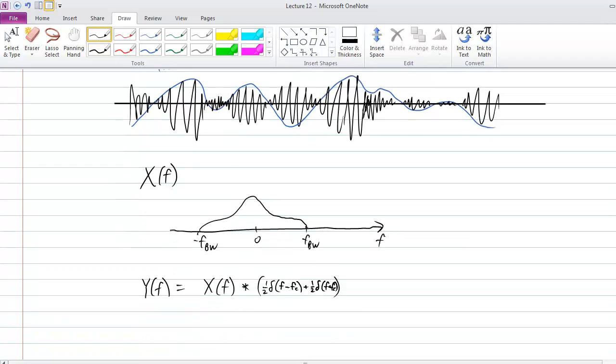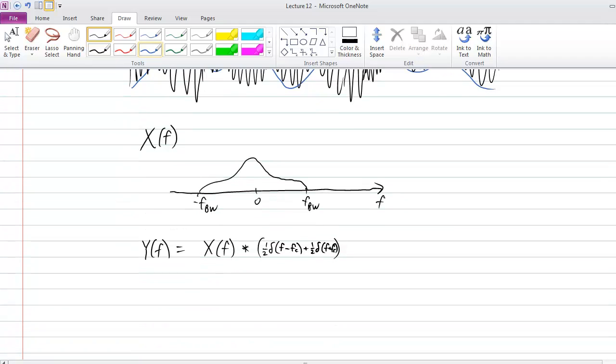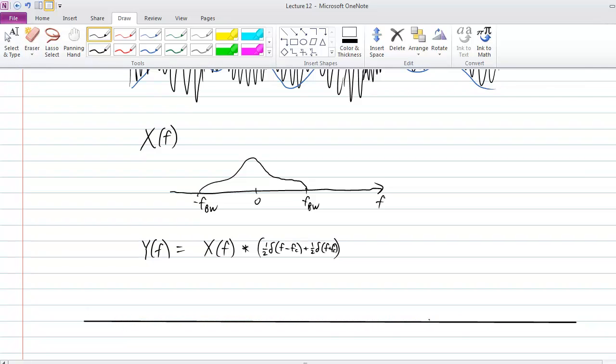So this is going to look something like the following. You're going to have some fc here. There's f, there's 0 again, and some minus fc. When you do convolution with a delta, you just shift your signal over to that delta.